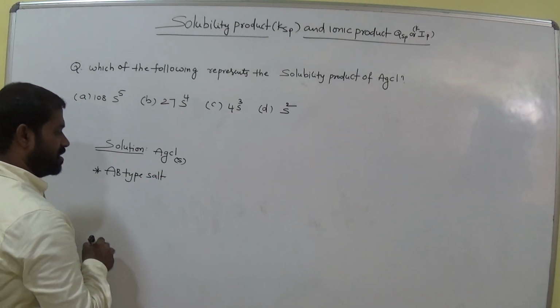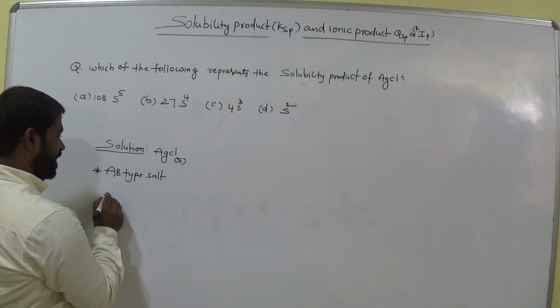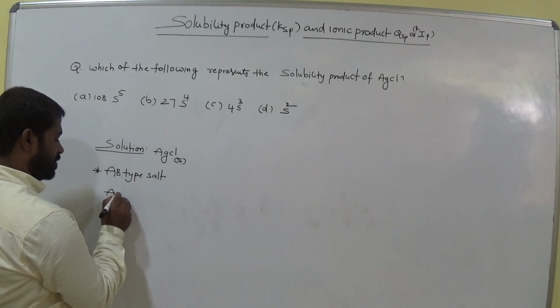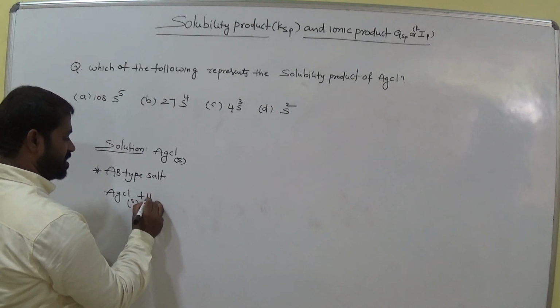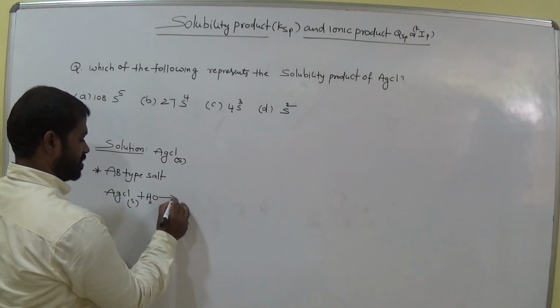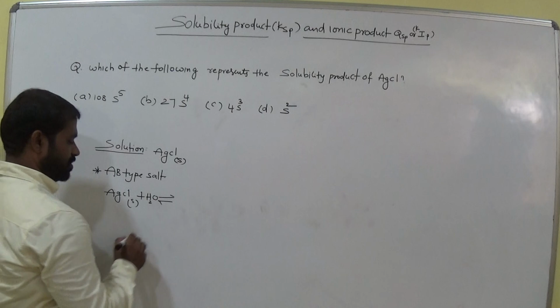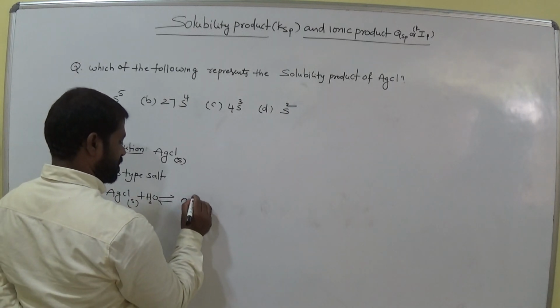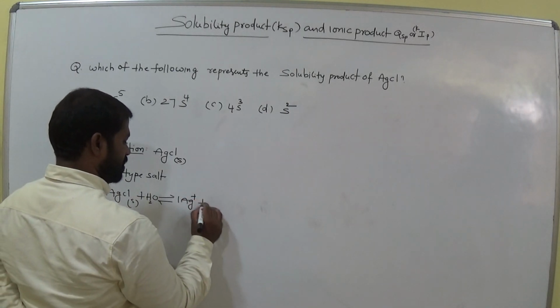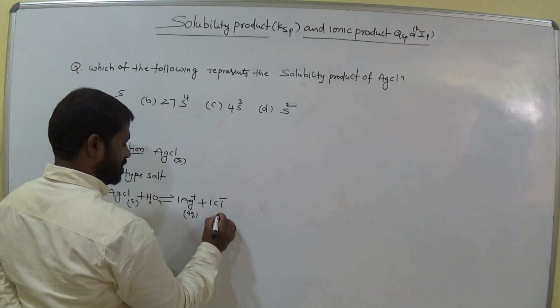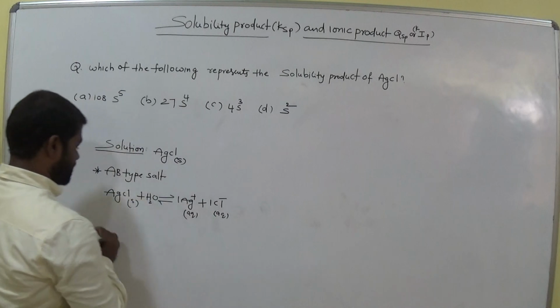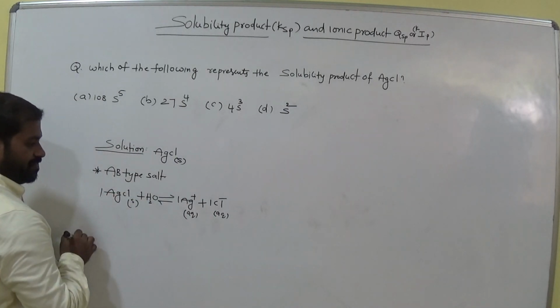For AB type, when dissolved in water, it gives Ag plus, 1 mole, and Cl minus. Here it is 1 mole.